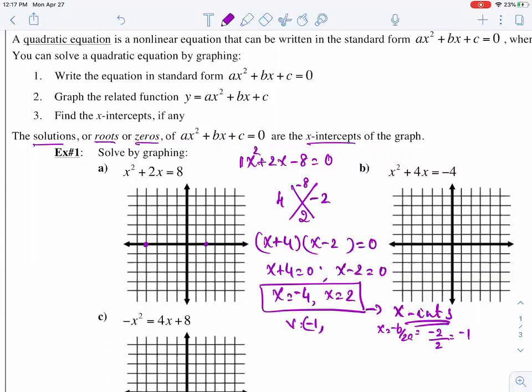What's the y coordinate? -9. So the vertex is (-1, -9). Whatever the x-intercepts are, that is the solution. Solutions and x-intercepts are the same thing.